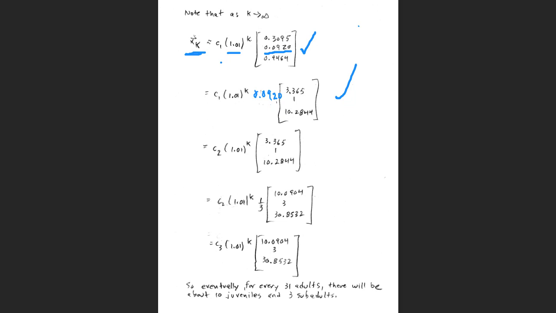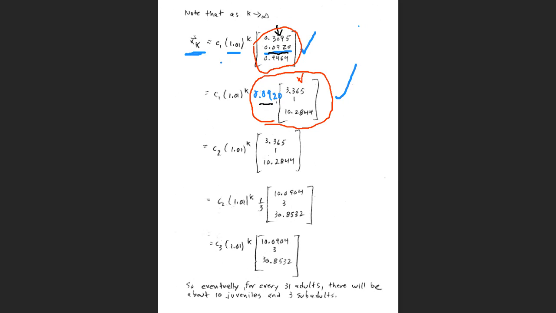No, it should be 0.0920. And what I'm doing is I'm taking the smallest number in this eigenvector here, and I'm factoring it out. This eigenvector here is equal to 0.0920 times this eigenvector, that vector.